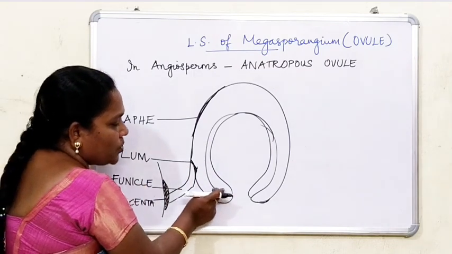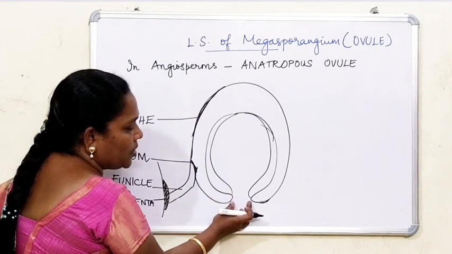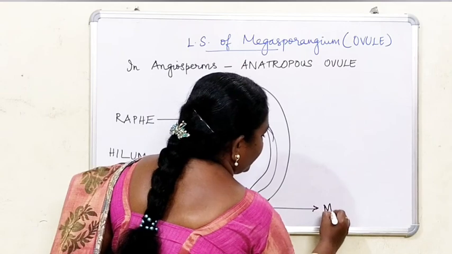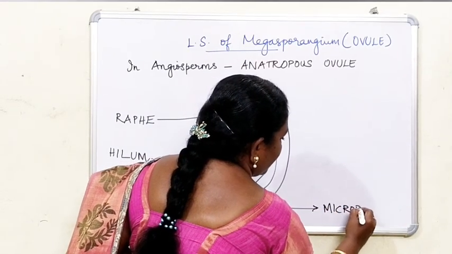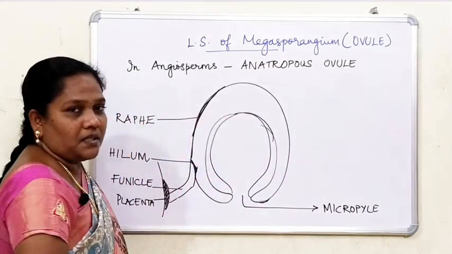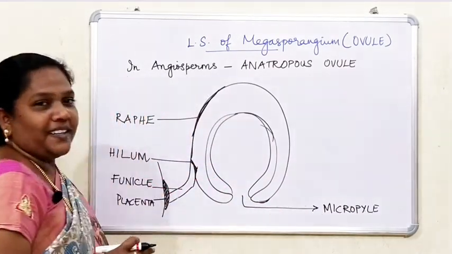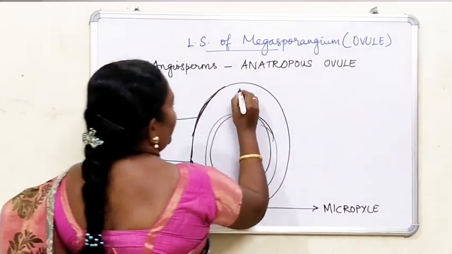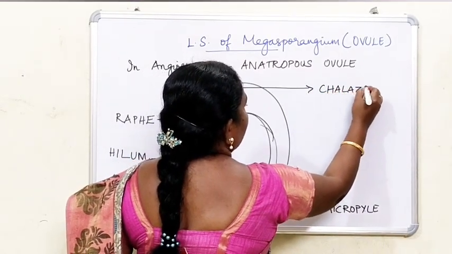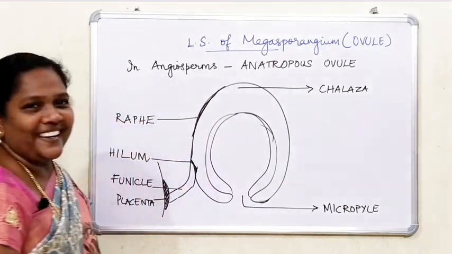And towards the portion where you have this opening, this region is called as micropyle. So the opening where it is open, this region, you call this to be micropyle. And opposite to the micropyle is the chalazal end. Either you call it as chalaza or chalazal end and micropylar end. Right?